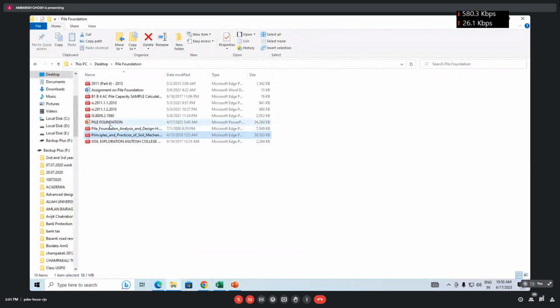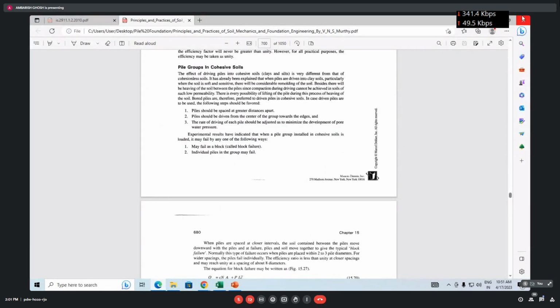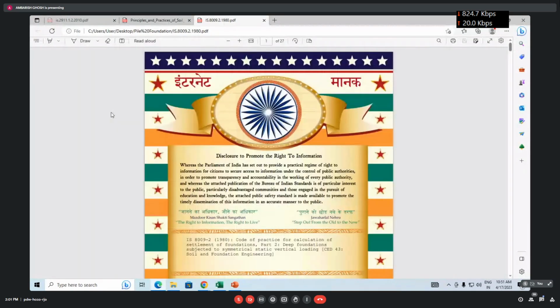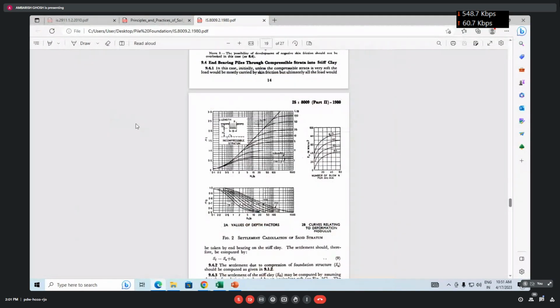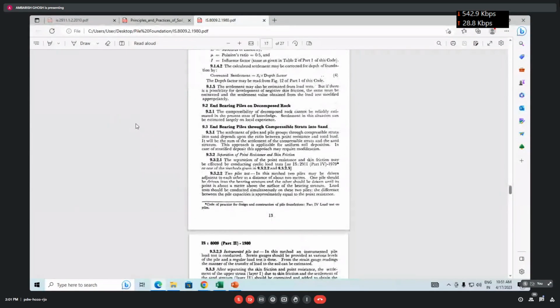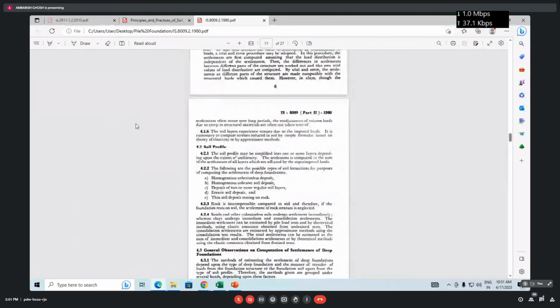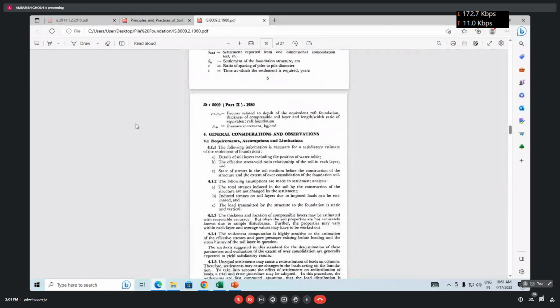And this is there in IS 8009 Part 2. This is the code you see. This is for your settlement calculation for group of piles, pile group.